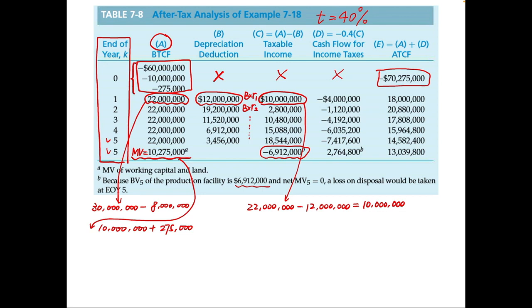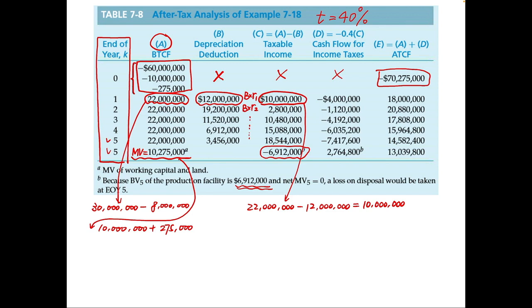Because BV5 of the production facility is this number, and the net MV5 is 0. Remember that the facility cannot be depreciated, so at the end of the 5 years its MV is 0. So a loss on disposal would be taken at the end of year 5. That is why you have this negative 6,112,000 at the end of column C.